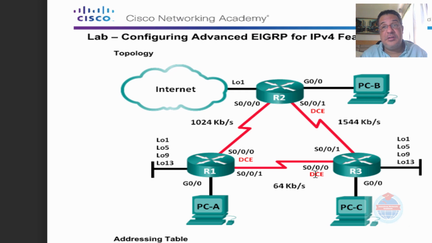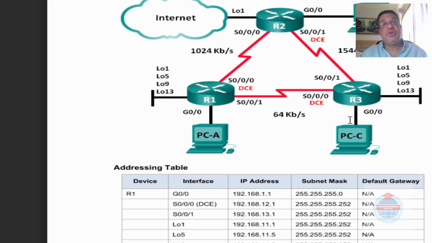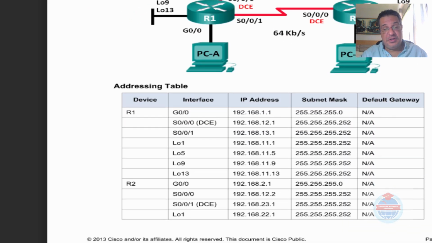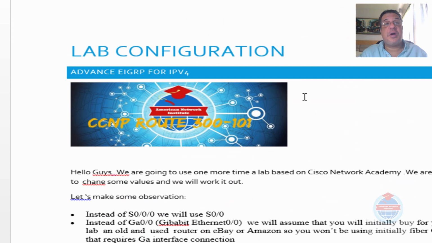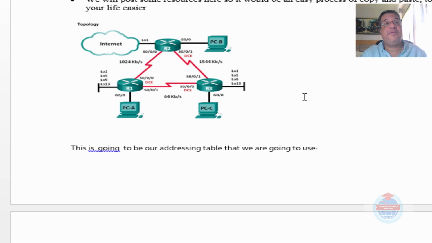The same thing in this router on the interface S0/0, and over here on the interface S0/1. So these are the values that they have over here. These are the values that we are going to be applying over here in real life.